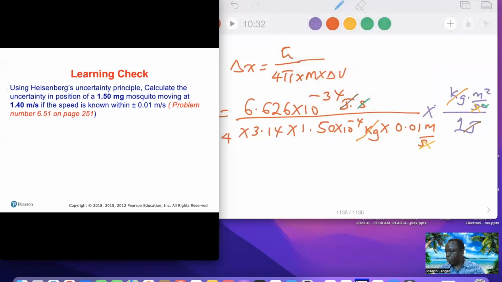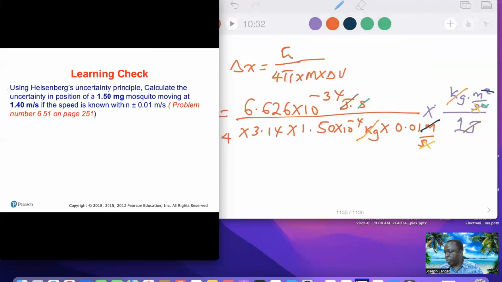And then finally meter and meter will go, and we remain with meter. So if we reconcile these units, we remain with meter, which is the unit for position, uncertainty in meters.